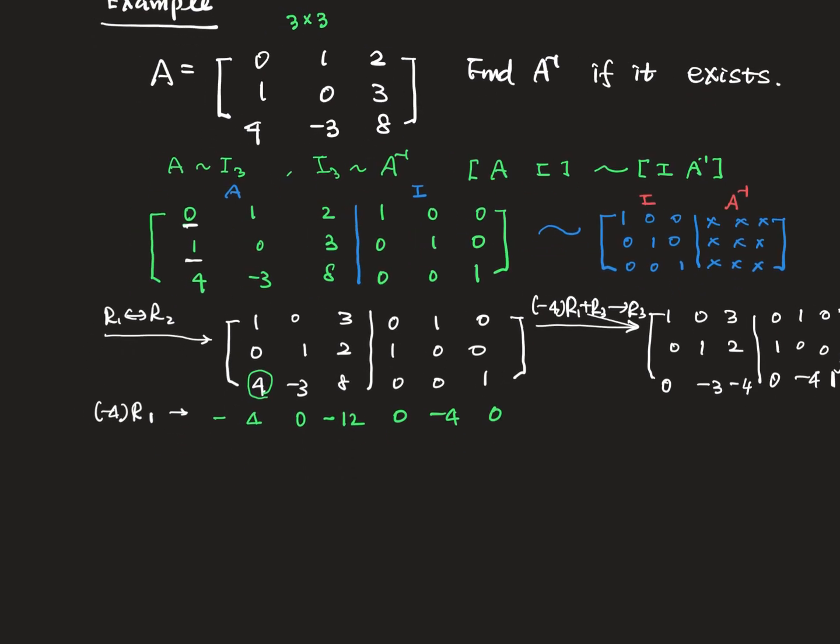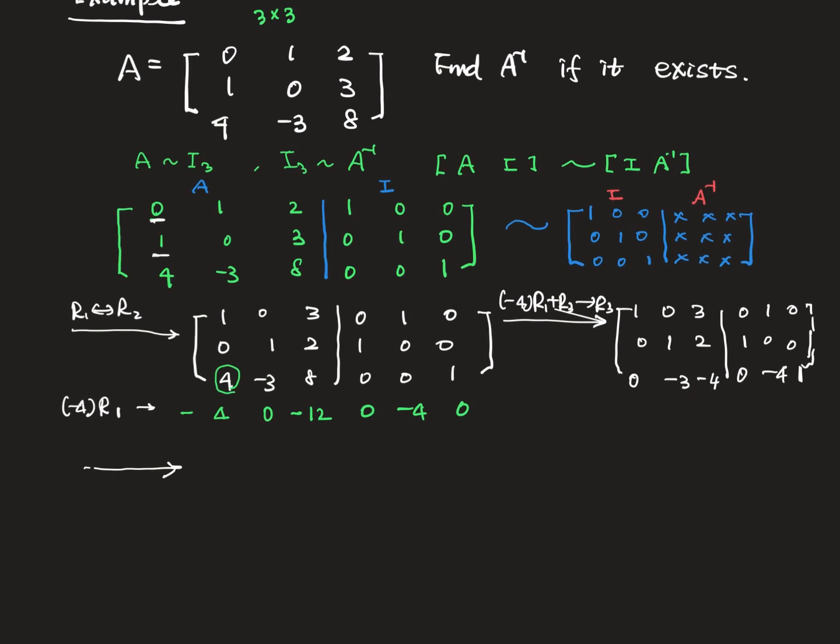Okay, next one. We still have a way to go, guys. Look at this: here is a negative 3, and this should be 0, meaning you need a 3 times the second row. The operation is 3R2 plus R3 going to R3.